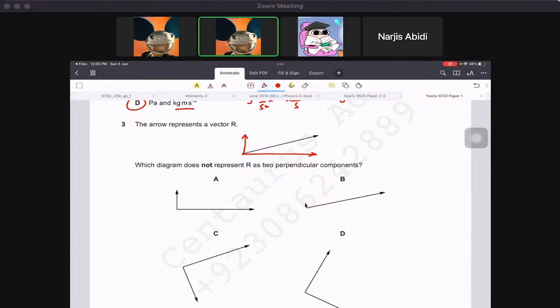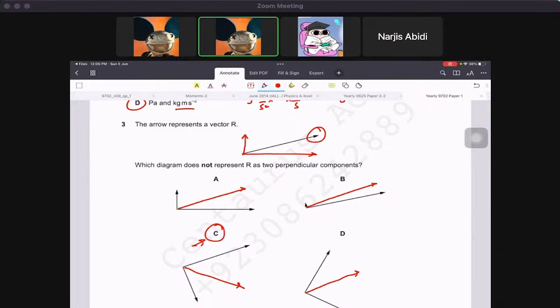R has two perpendicular components, so it means that here it would be something like this, here it would be something like this, but here it would be like this, which is wrong because it doesn't give you the right direction, right? So C has to be the answer here.